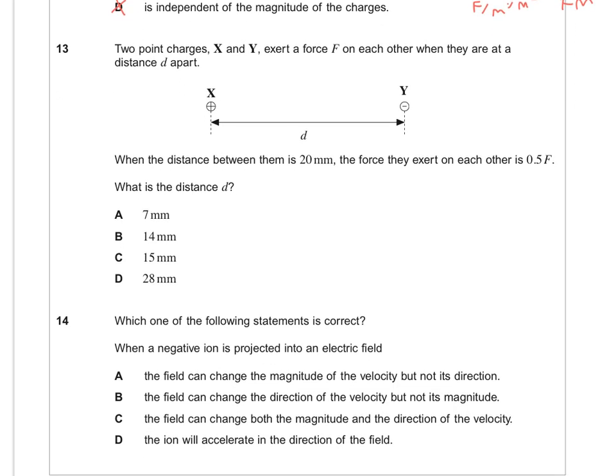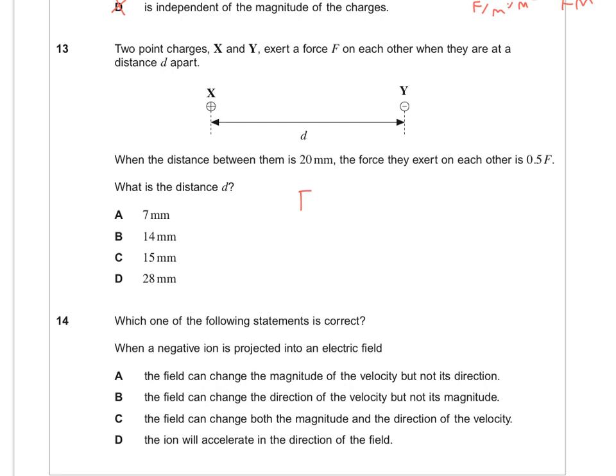2 point charges, X and Y, exert a force F on each other when they are a distance D apart. When the distance between them is 20 millimeters, the force they exert on each other is 0.5 F. What is the distance D? So if we're at half the force, we must have essentially multiplied the distance squared by 2.